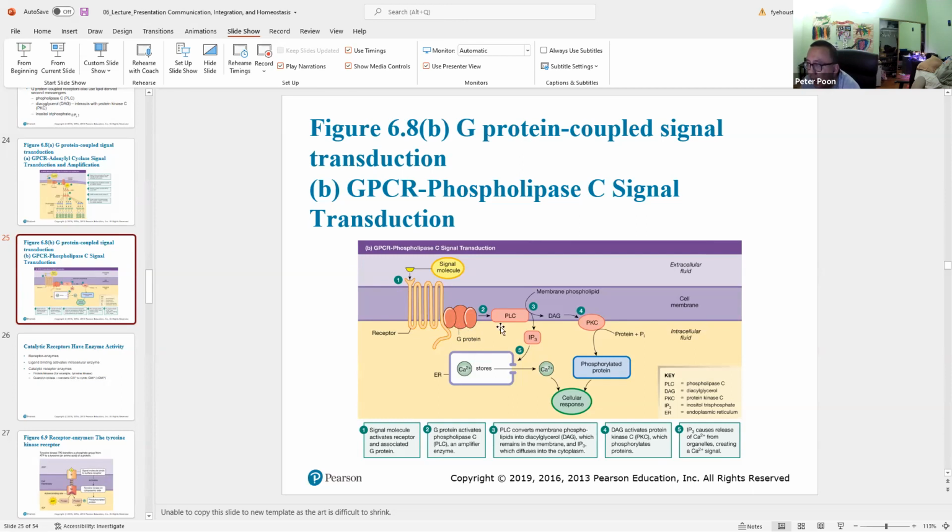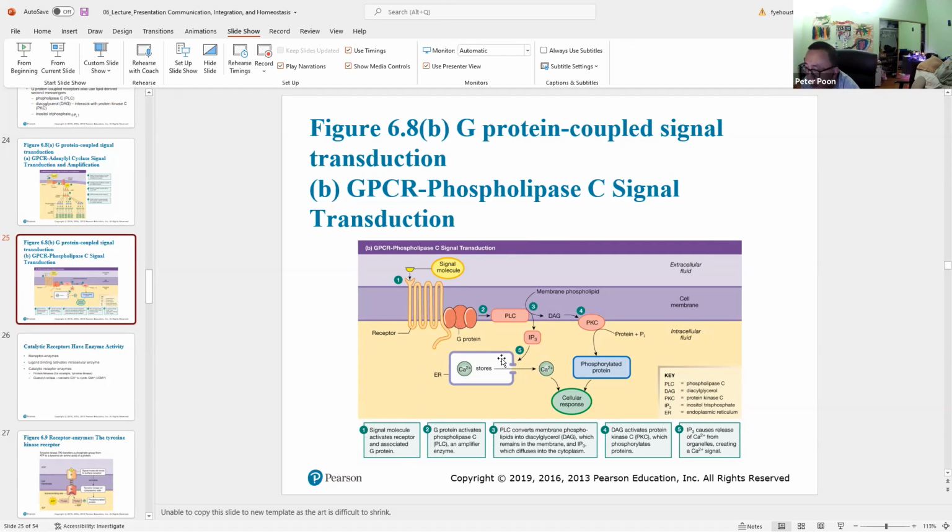The G protein, instead of activating adenyl cyclase, will activate PLC, phospholipase C. Phospholipase C will cleave phospholipids into two parts.